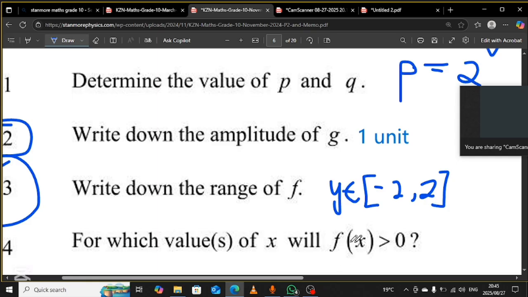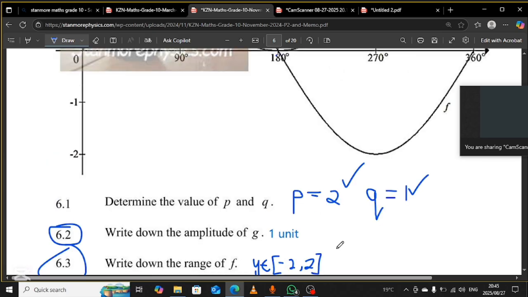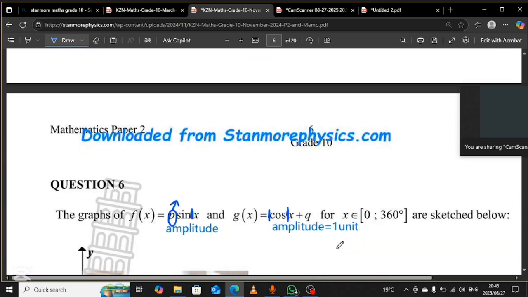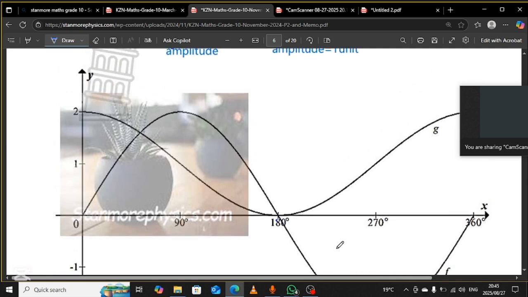And now, for which values of x will f of x be greater than 0? If I substitute, it's going to be 2 sin x. Remember, we are using sin x.